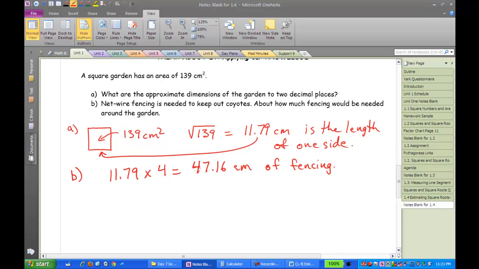It's actually a small garden if we're dealing in centimeters. Probably better to have meters, but oh well, it's a math problem.